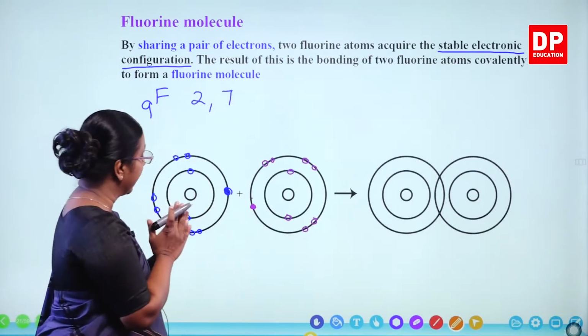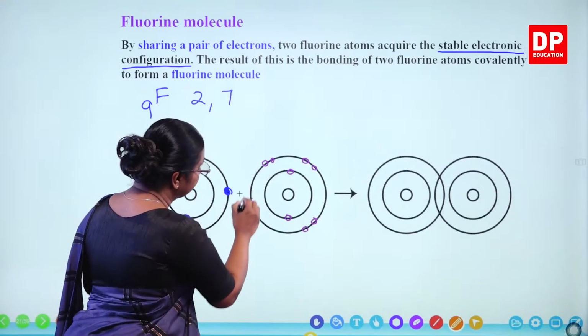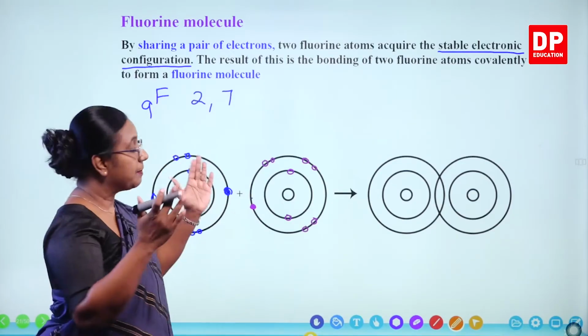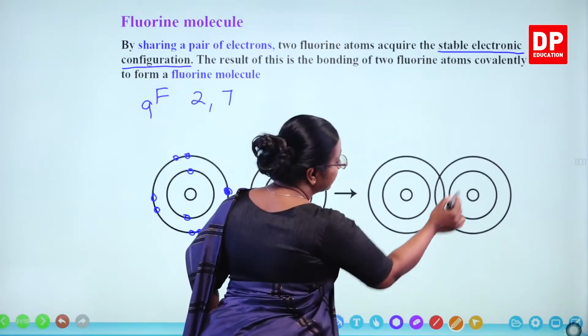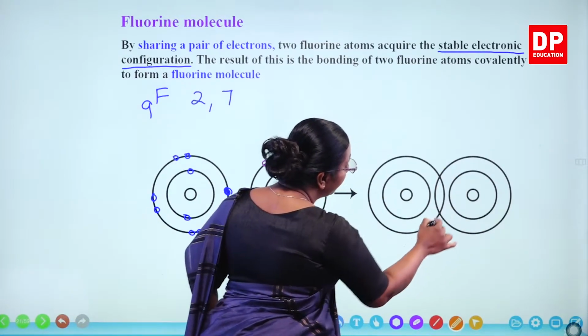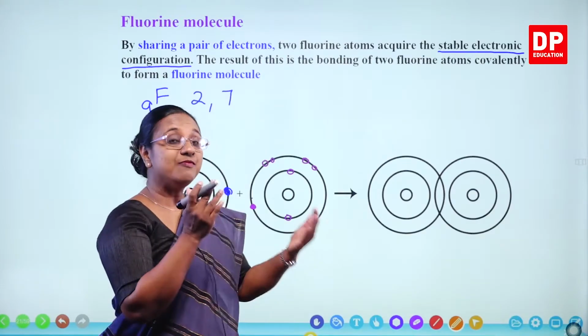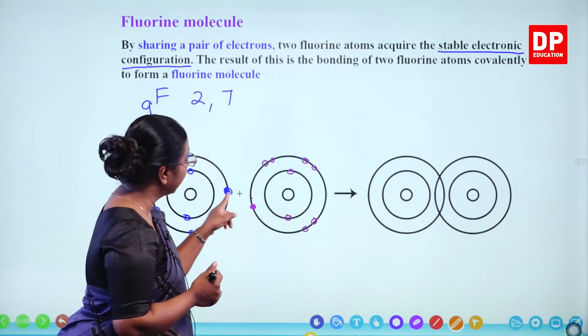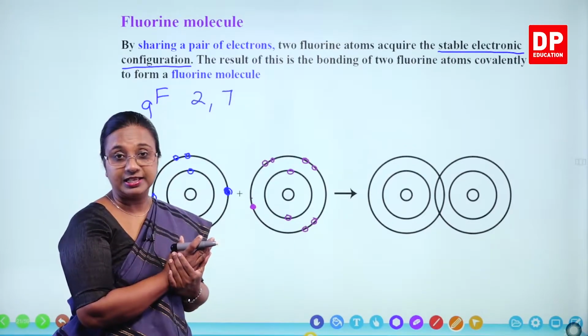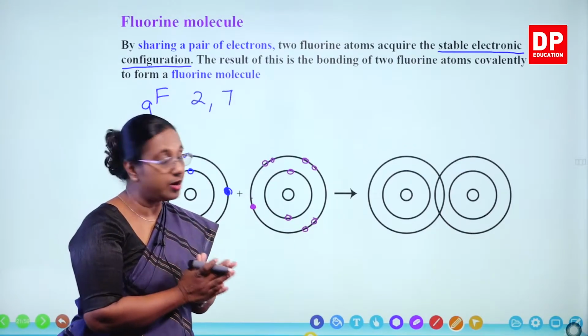And then what will happen is, here you can see the energy levels are separate. But once they come very close, the energy levels or the shells will overlap like that. And within that common energy level, the two electrons will be bonded together. That is how the covalent bond forms.